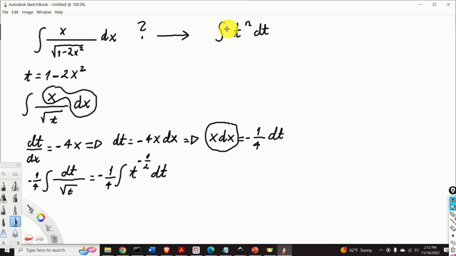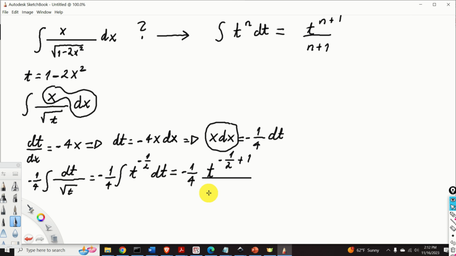Now, let's use this formula to solve this integral. We know that integral of t to the power n dt is t to the power n plus 1 over n plus 1. Let's use that formula. So we have minus 1 over 4 t to the power, n in our case is minus 1 over 2. Consequently, we have minus 1 over 2 plus 1 over minus 1 over 2 plus 1.